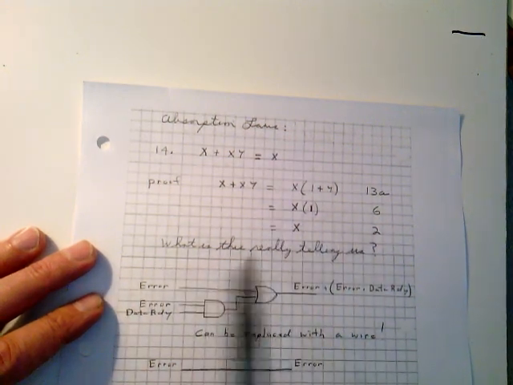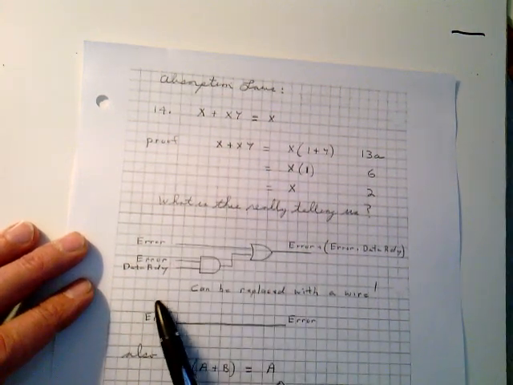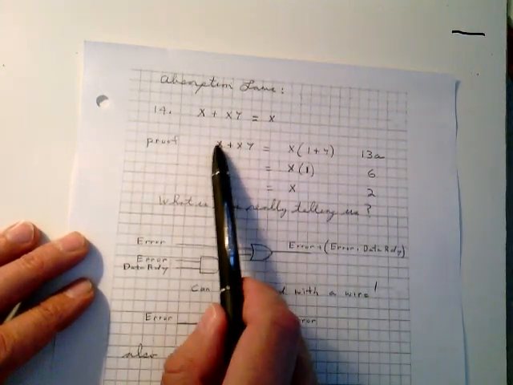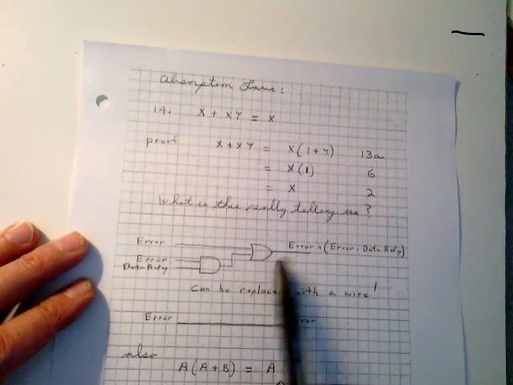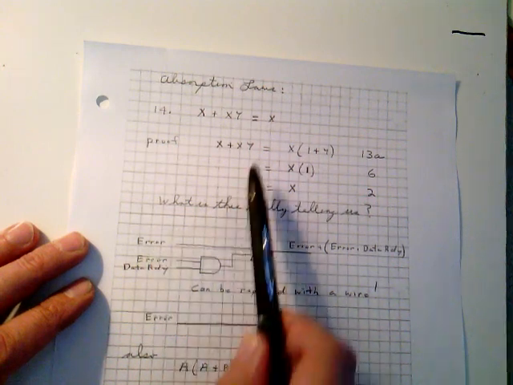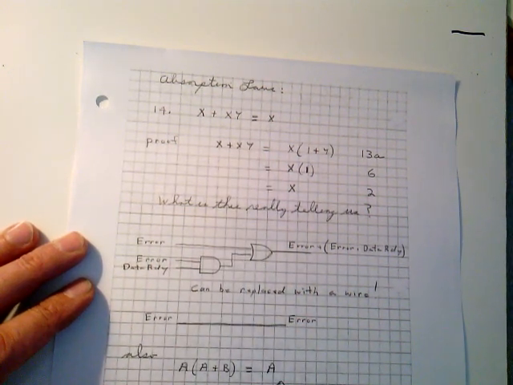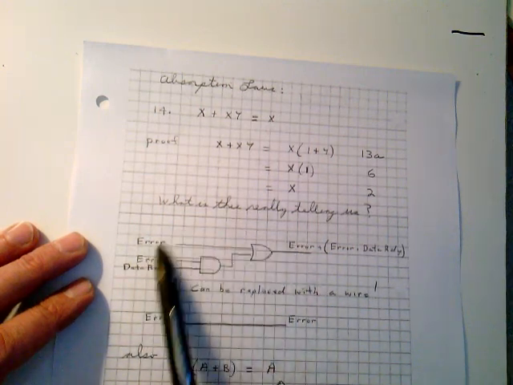So what's this really telling us? Well, don't forget, these literals are nothing more than signatures. It would take too much to write it all out. But for instance, let's pretend that x is an error signature, and y is going to be a data ready signature. So here's the implementation of that circuit.